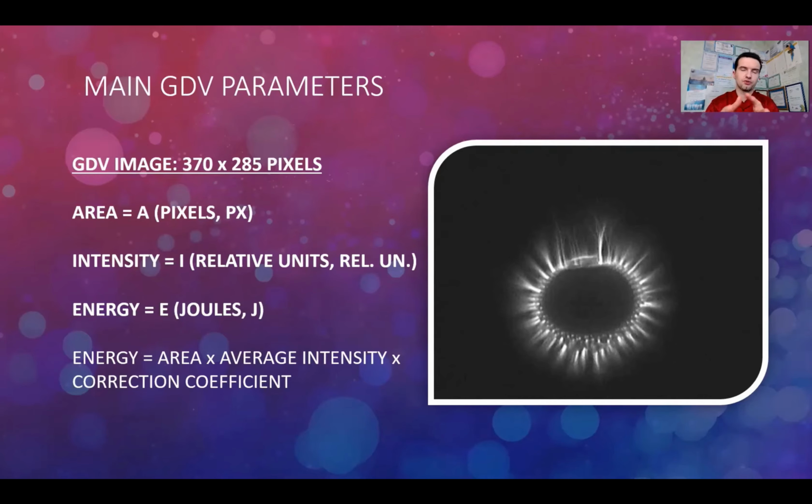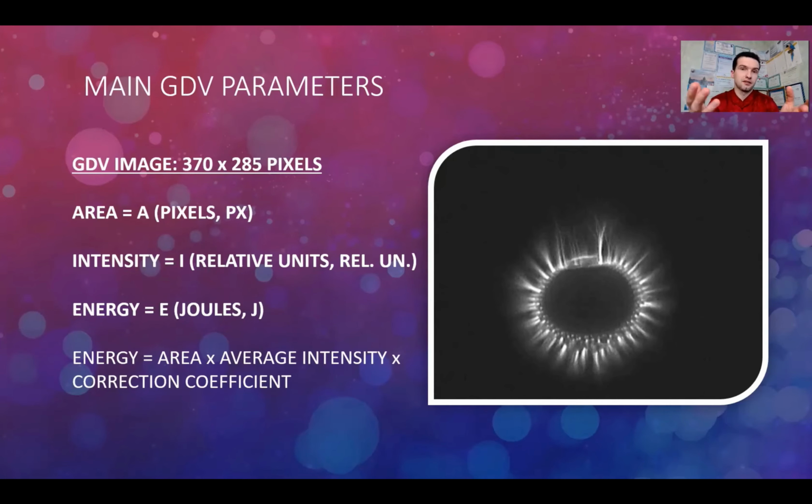Of course, to transform these relative units to joules of energy, we need to use some specific correction coefficient that transfers from the joules of the absorbed light to these relative units of intensity, so that we know that if the pixel is 200 relative units, it means this amount of joules of absorbed light.